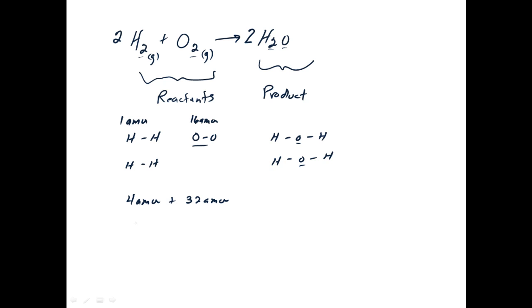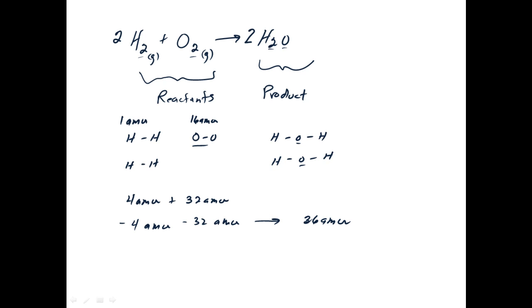So if 100% of this is consumed in the reaction, we lose all 4 atomic mass units of hydrogen, and we lose all 32 atomic mass units of oxygen. Then that mass should be accounted for. All 36 atomic mass units should be accounted for on the product side.